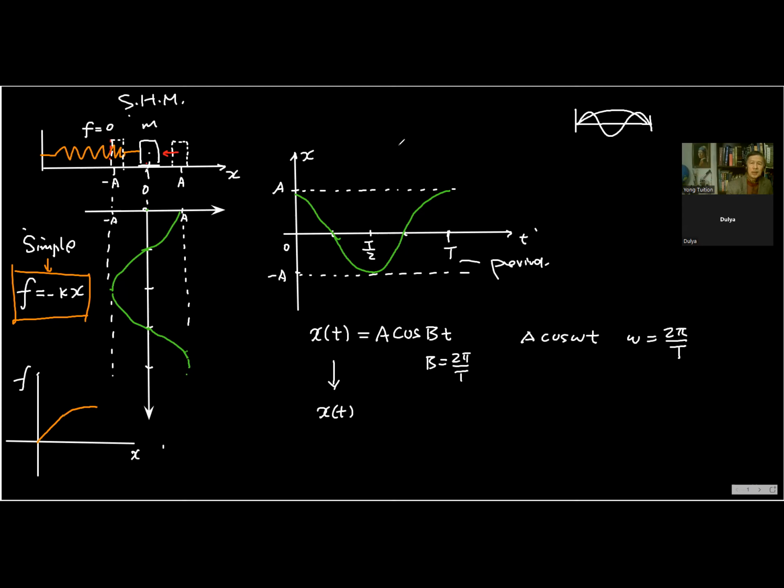So if you want to achieve simple oscillation, you have to make sure x is smaller than a certain value. Can you see? That is why we call it simple harmonic motion.